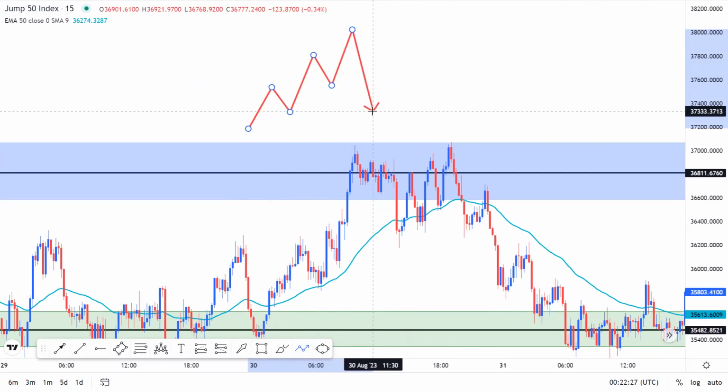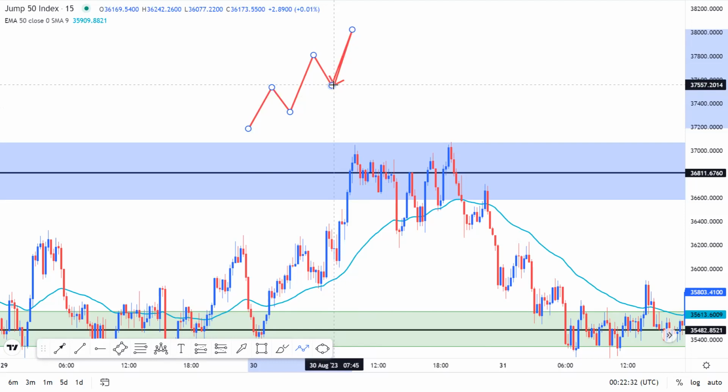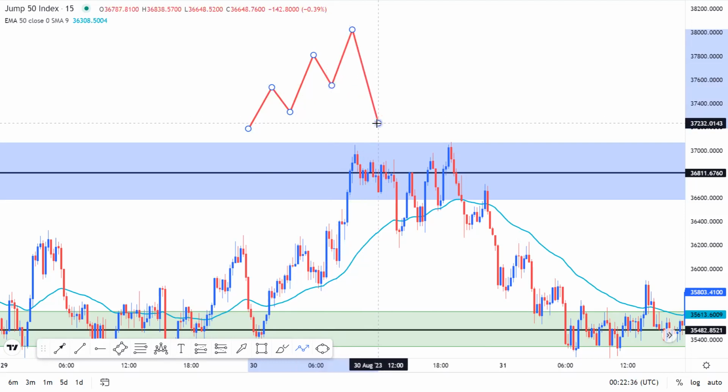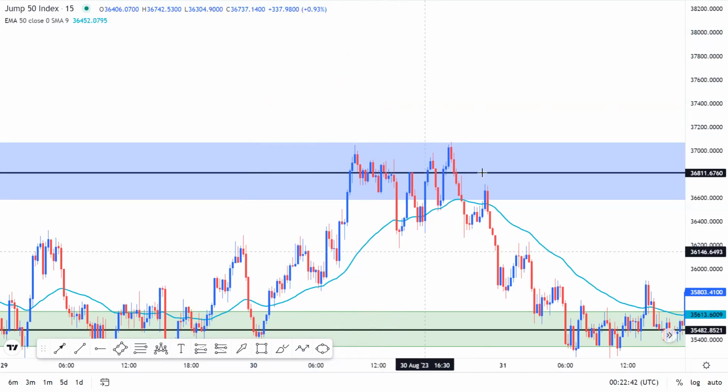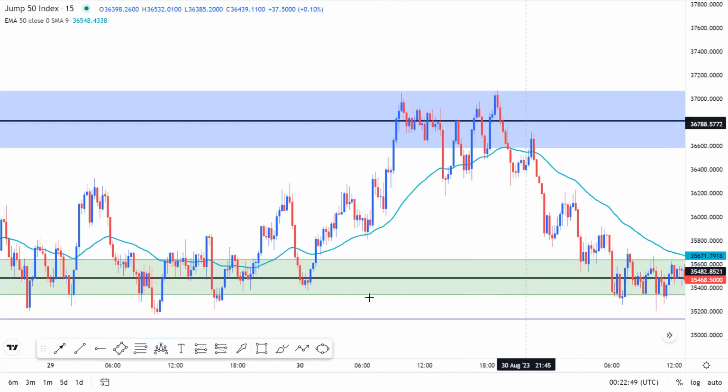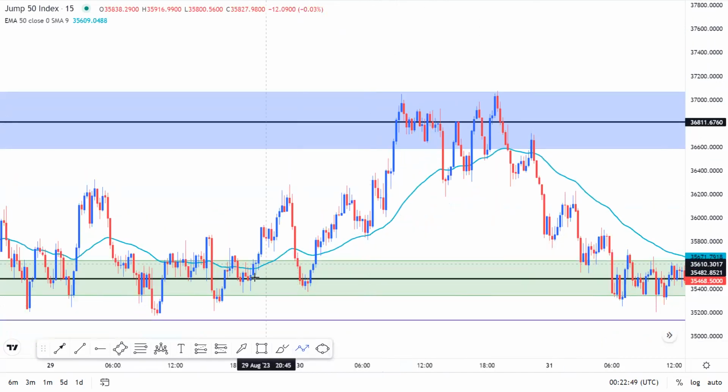As soon as we have a break below the previous higher low, signifying that the market structure has shifted from bullish to bearish. Clearly from the 15-minute time frame, we had seen price printing higher highs and higher lows.